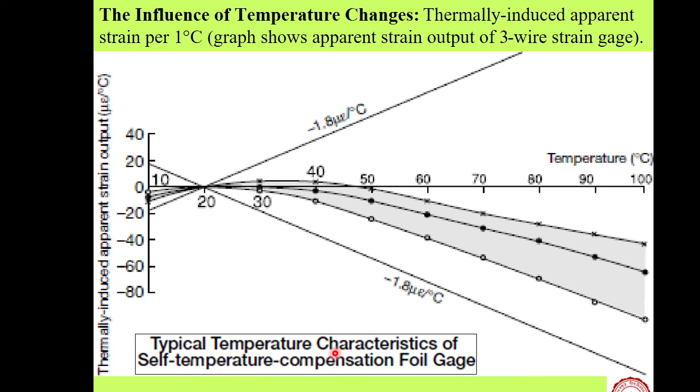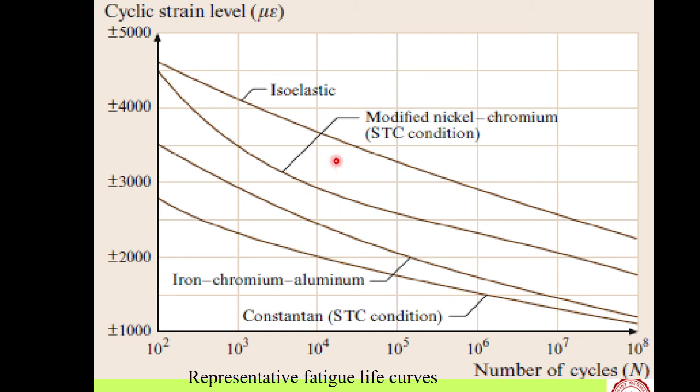This is the typical temperature characteristic of a self temperature compensation foil gauge. Still it is there. Then this particular figure shows the fatigue life of a strain gauge, similar to the fatigue life of a metal also. For low cycle values, the life is more, and for high cycle, the values are less.